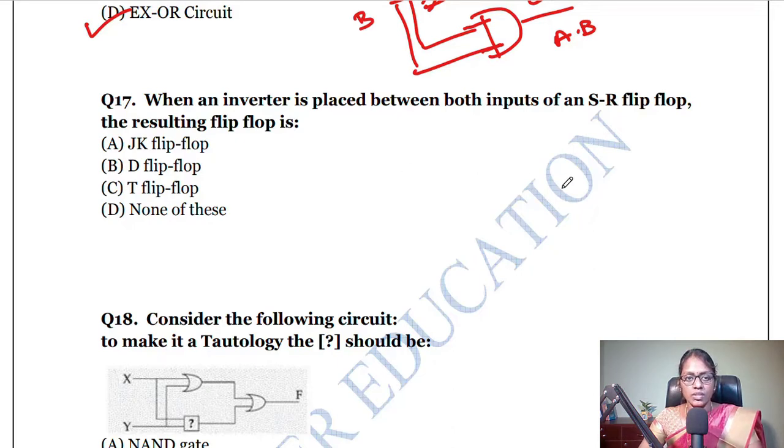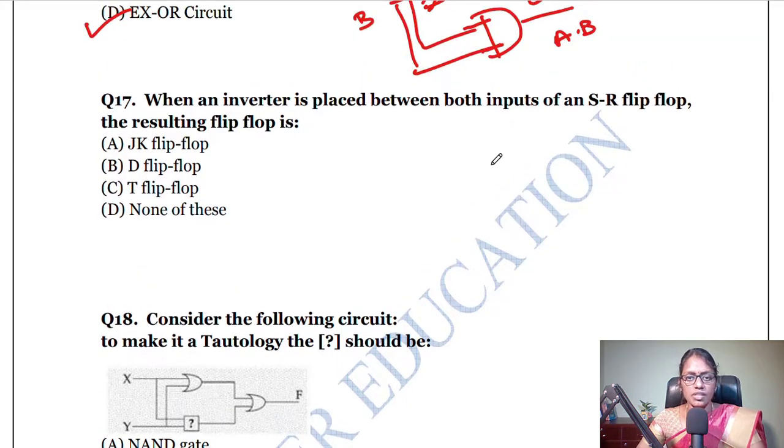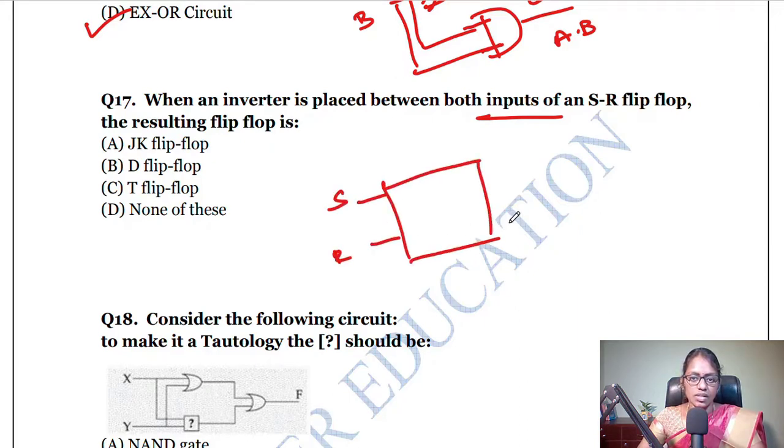The next question is, when an inverter is placed between both inputs of an SR flip-flop, the resulting flip-flop is. So this is S and this is R, and you are getting Q and Q bar.